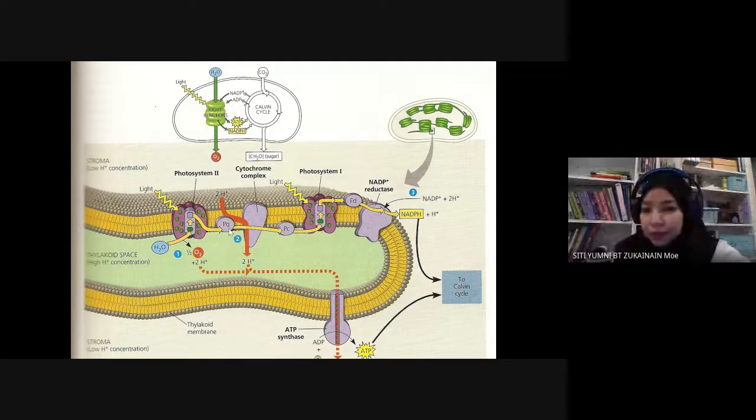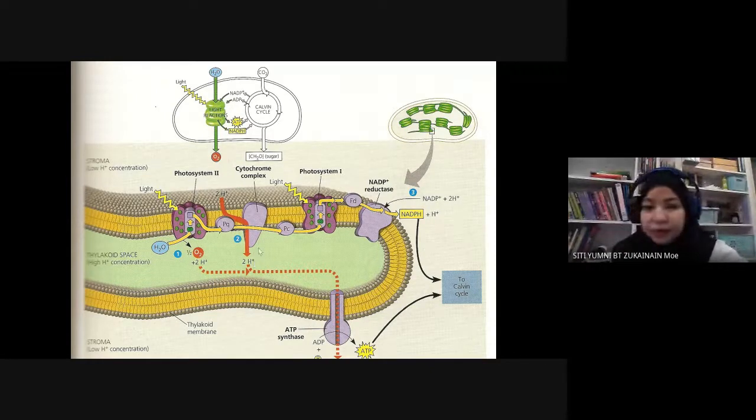Then plastoquinone, a mobile carrier, transfers electrons to the cytochrome complex. 4 protons are transported across the membrane into the thylakoid space, the driving 4 protons translocated into the thylakoid space.